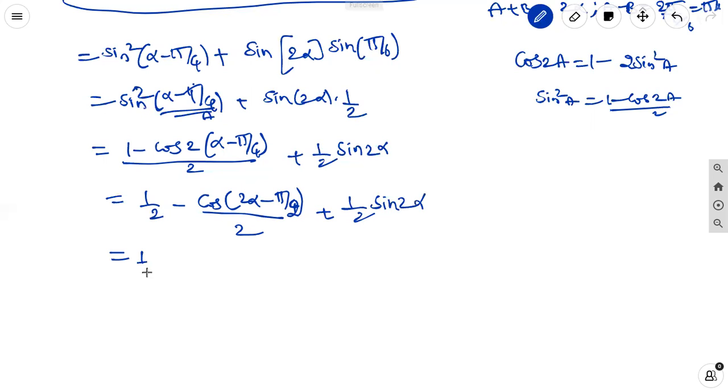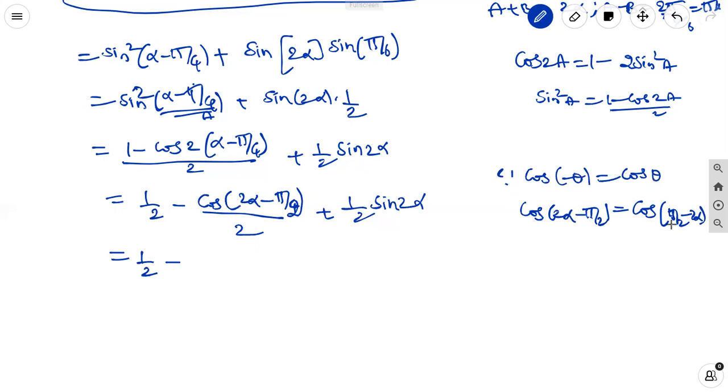It is equal to 1 by 2 minus, taking minus common, we know that cos of minus theta is cos theta only. So cos of 2 alpha minus pi by 2 can be written as cos of pi by 2 minus 2 alpha. Pi by 2 minus 2 alpha is in the first quadrant, that is sine 2 alpha. So it is 1 by 2 outside.